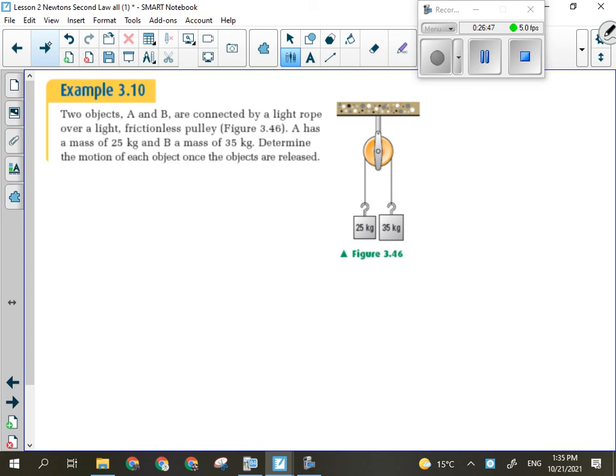Okay? So, if we're looking at the forces in this system, they are force of gravity and force of gravity. But they're different.